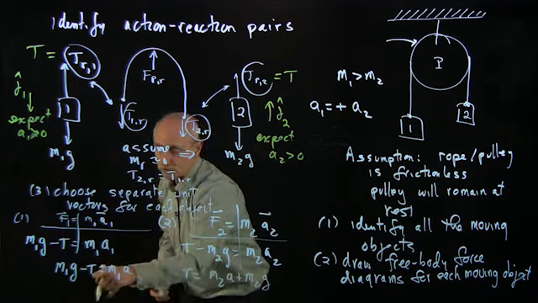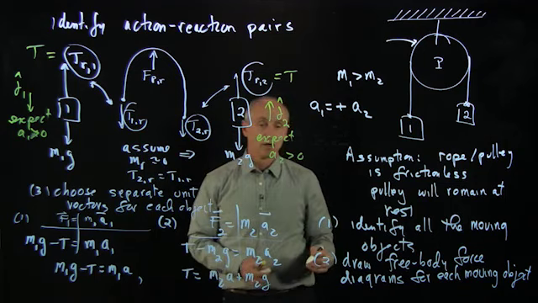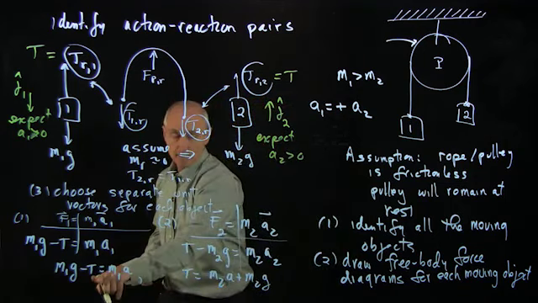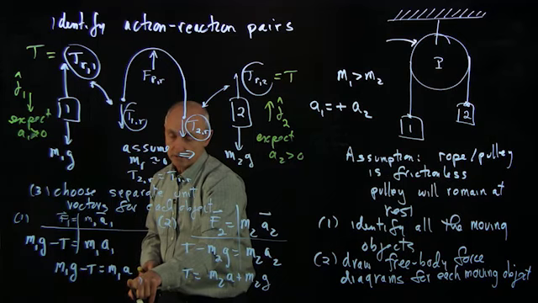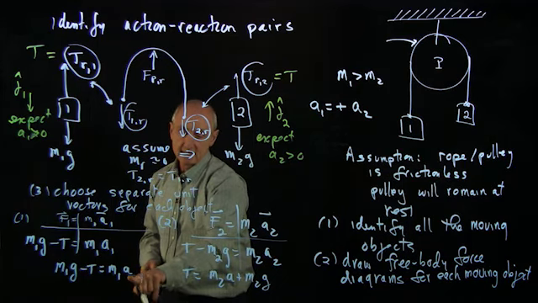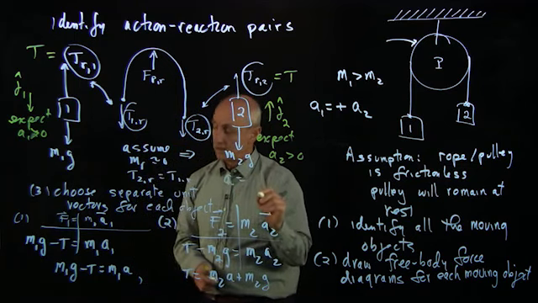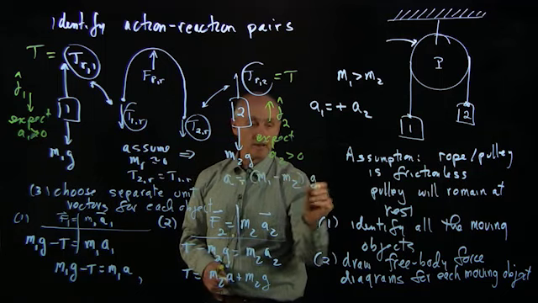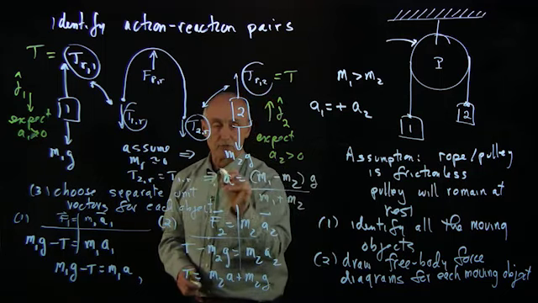And when I substitute the T into that equation, and bring the m2a to the other side, it's a little bit of algebra, but I think you'll trust me that a is m1 minus m2 times g over m1 plus m2.